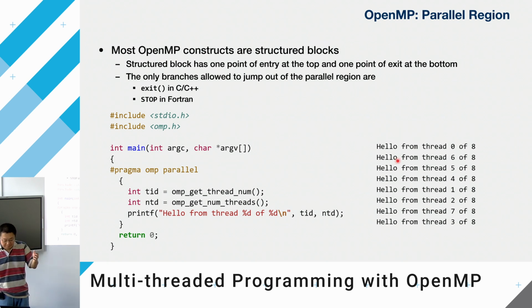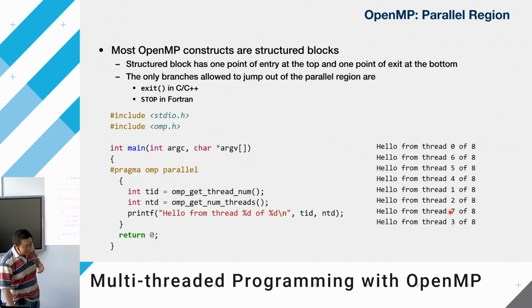Normally, most people think we will have a regular output. Regular means thread 0 of 8 threads, thread 1, thread 2, thread 3, and so on, because we are using the C version, starting from 0. No. Inside this parallel region, execution is out of order; there is no definite order.